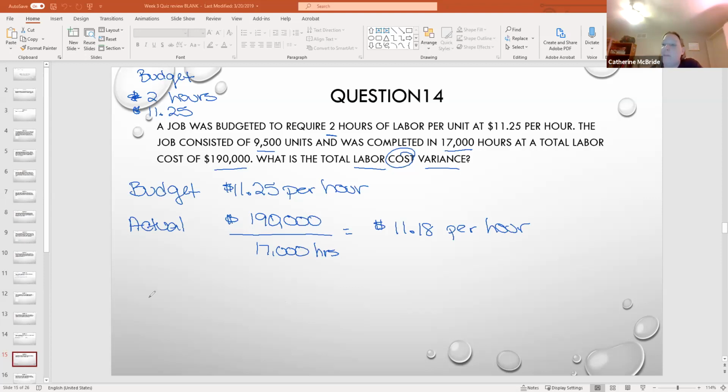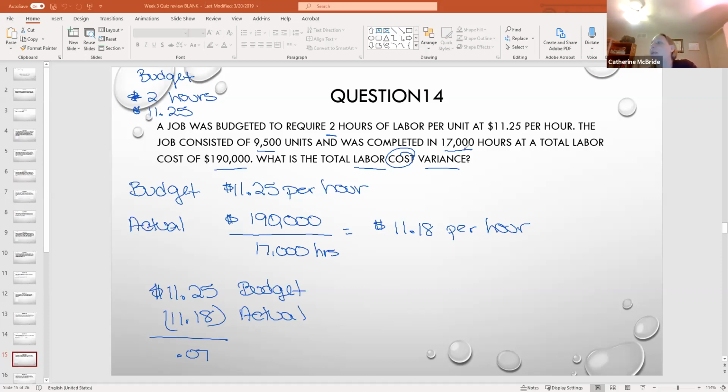If we plan to spend $11.25, that is our budget, and we did spend $11.18, we have a difference of 7 cents per hour.